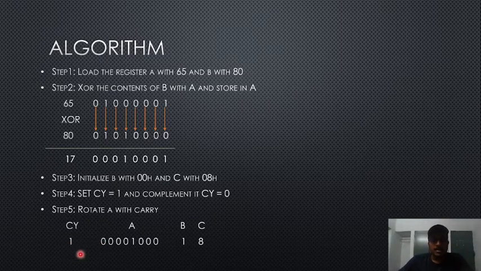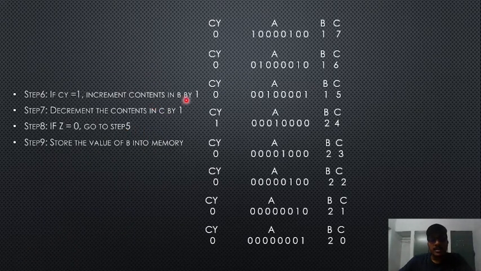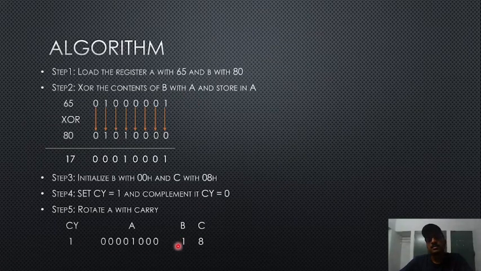So in the initial step, this 1 goes to the carry flag, and the carry flag is 1. Since the carry flag is 1, it increments the contents of register B by 1. So that's why here B is 1, and then the accumulator content is this.